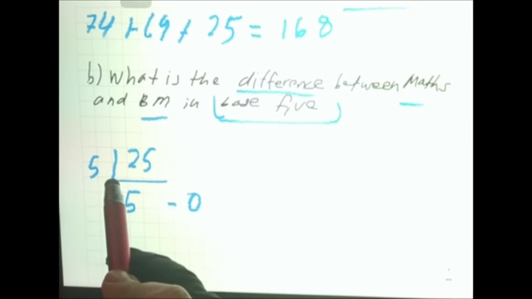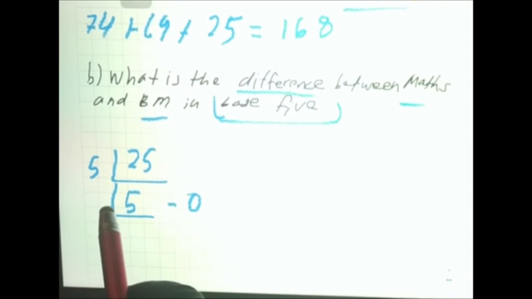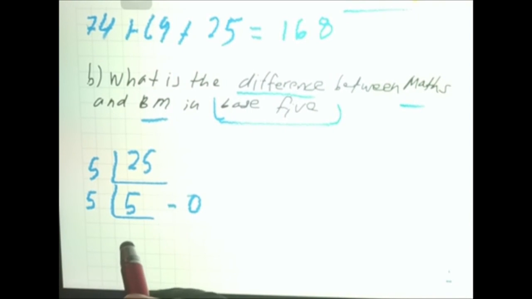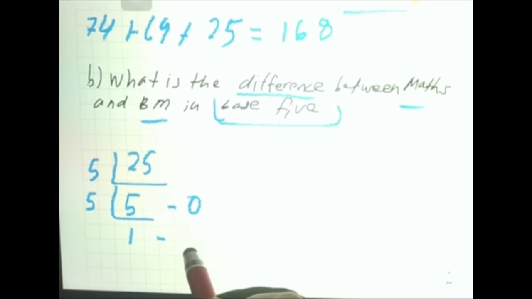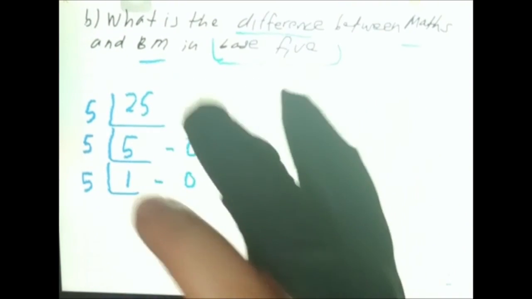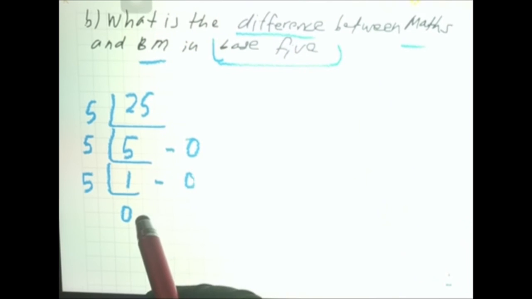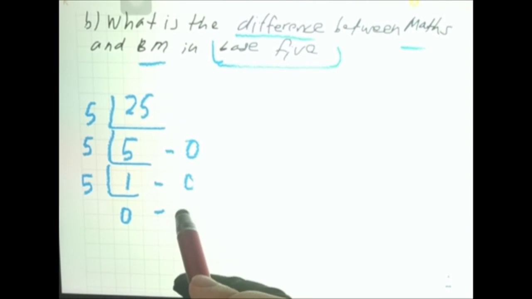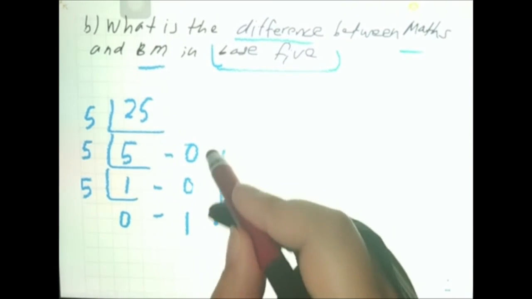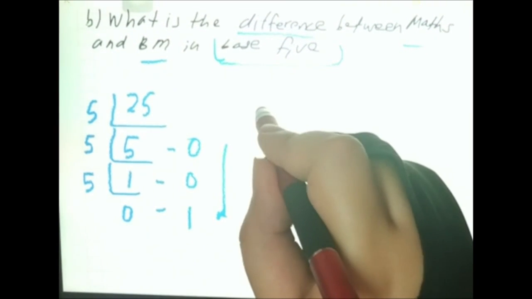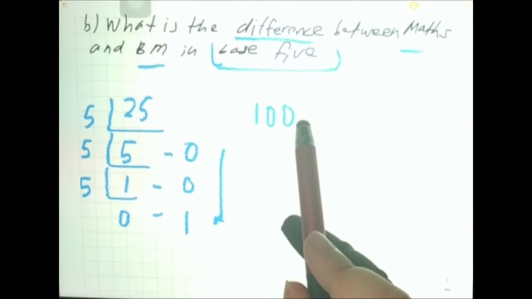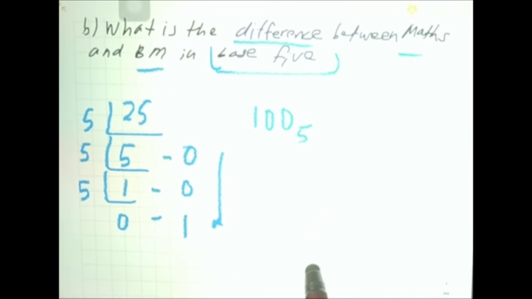Remainder is 0. 5 divided by 5 is 1. Remainder is 0. 1 divided by 5 is 0. And our remainder is 1. So from the bottom to the top is 100 base 5.